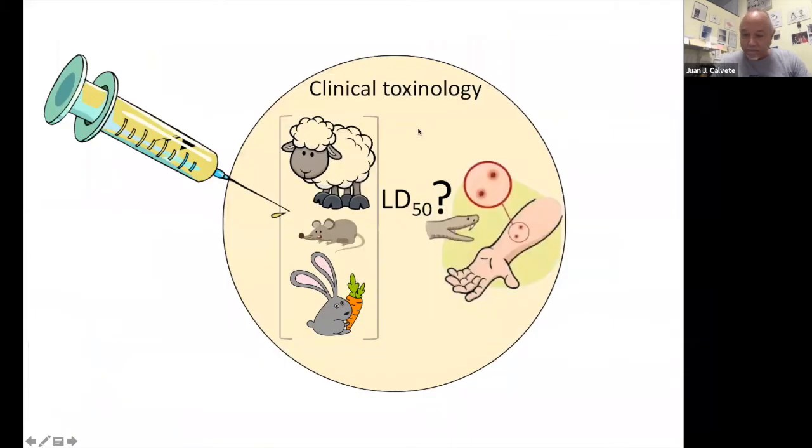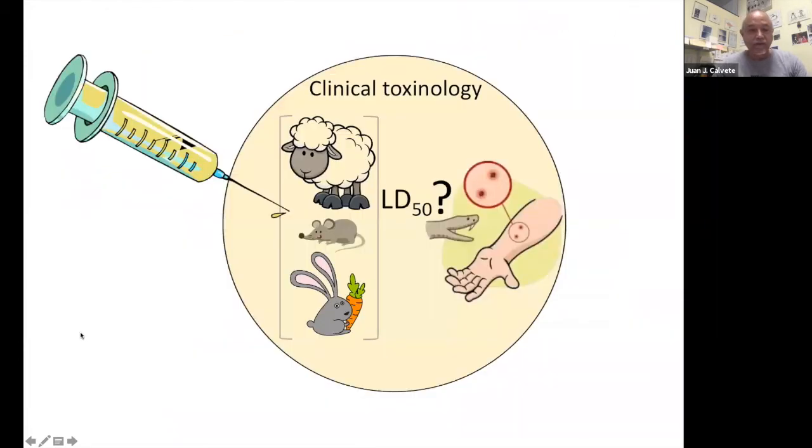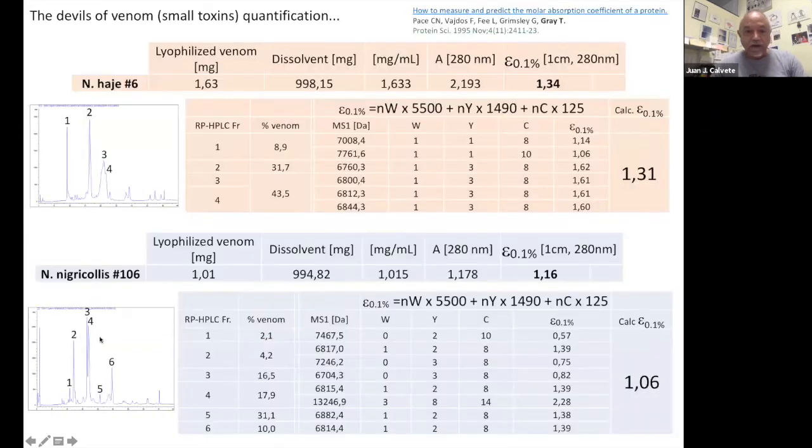This is the number of tryptophans, tyrosines, and cysteines. And with this formula, you can estimate an extinction coefficient which is almost identical to the experimental one. And the same happens for this other, a little bit more complicated venom, where you get the same result in both manners.